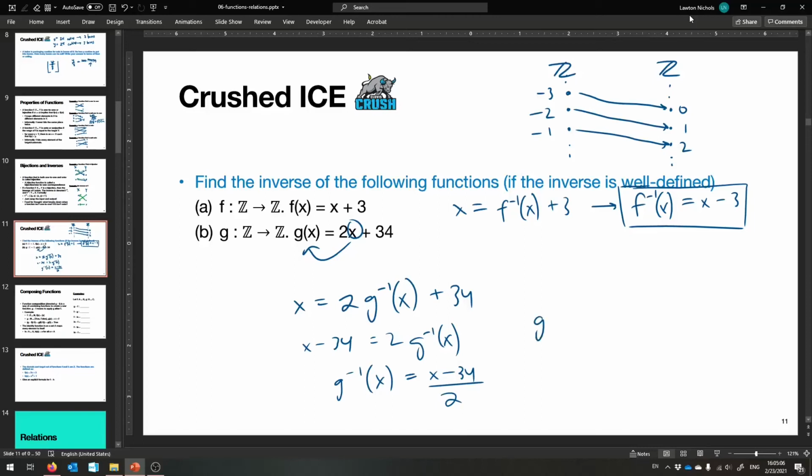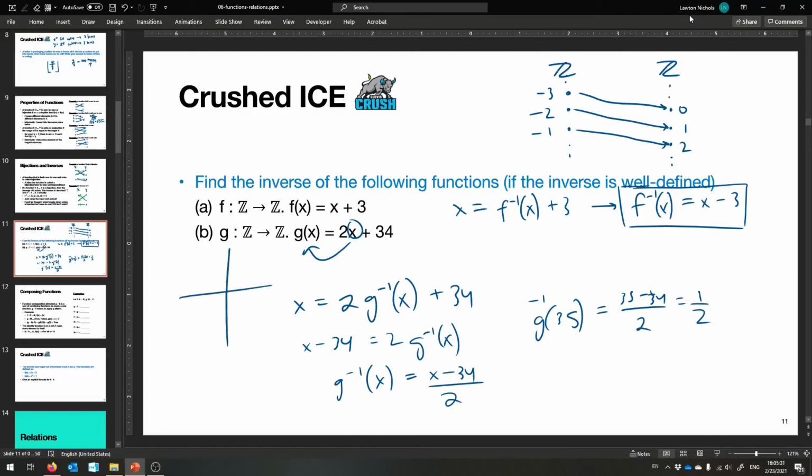Let's let g of 35 exist, okay? g inverse of 35 would have to be (35 minus 34) over 2. You see where I'm going with this? Equals 1/2. Wait, but that's not an integer. Oh no. So we're not actually getting mapped to 35, okay?